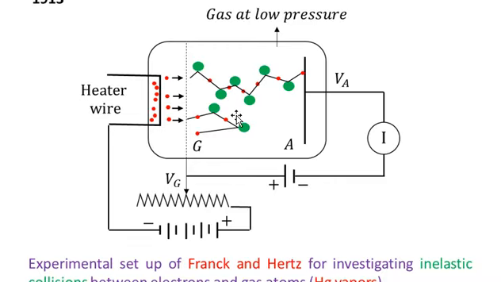So after imparting energy to the neutral mercury atoms in terms of the excitation of some levels in the mercury atoms, the electrons are left with a very small amount of energy, and they cannot reach the plate A, and so they may be reflected back towards the grid G due to the negative potential of the anode.